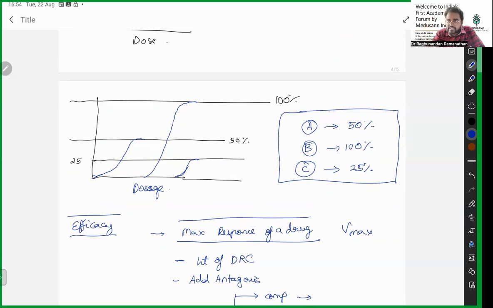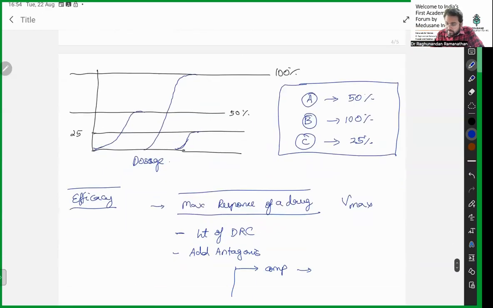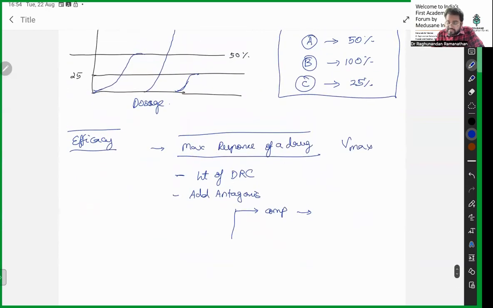So when you increase the dosage, the response increases. Correct? When you increase the dosage in competitive antagonism, it is going to reach the efficacy. But what I wanted to come to here is that it is either going to be 100% response or 0 response, nothing in between.